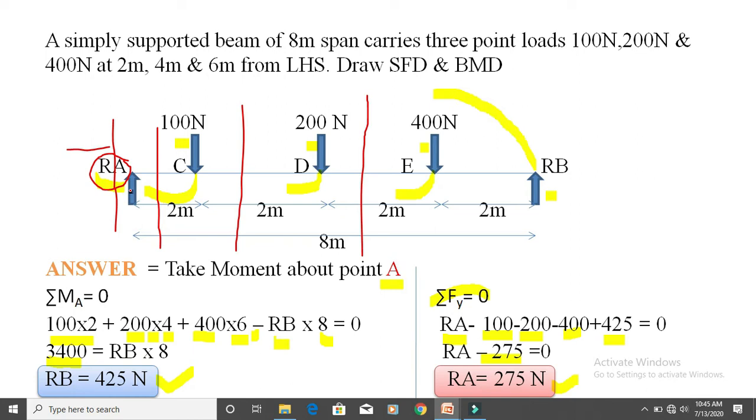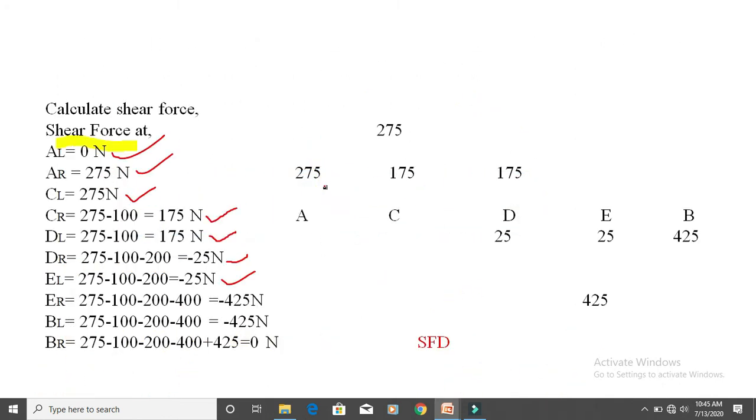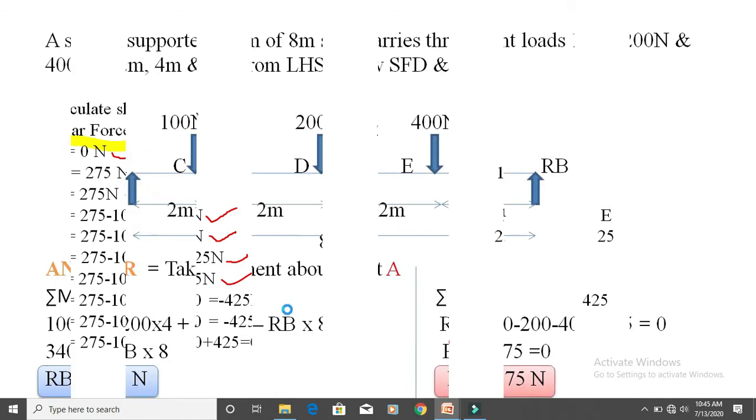You see three forces, RA, C and D. RA is going in the plus upward direction, so consider plus. 100 is going in a downward direction, so minus 100. 200 is going in a downward direction, so minus 200. So after calculating, we got an answer of minus 25 Newton. The next is E of right. E of right is equal to 275 minus 100 minus 200 minus 400. After calculating, we got an answer of minus 425 Newton.